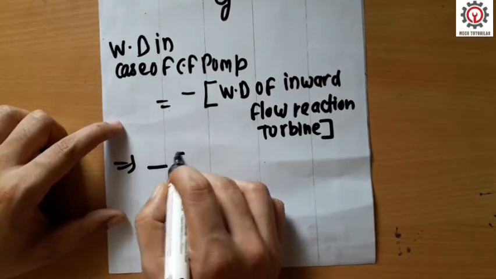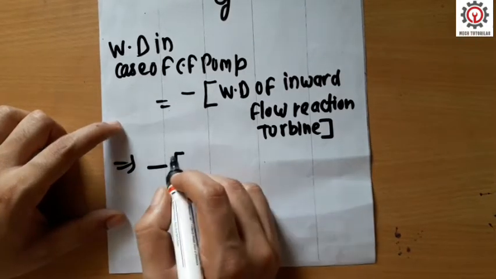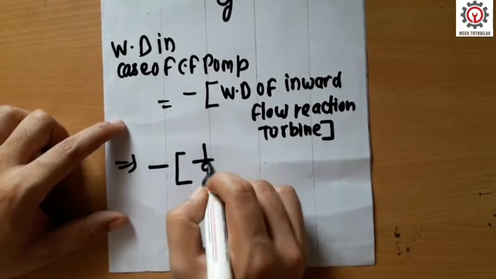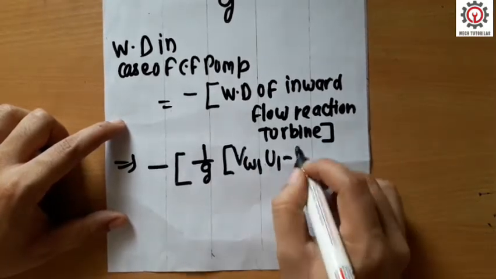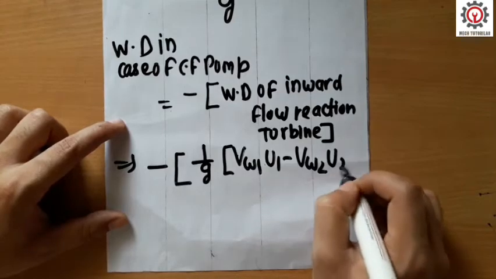So we can write 1 by g, V_w1 U1 minus V_w2 U2.